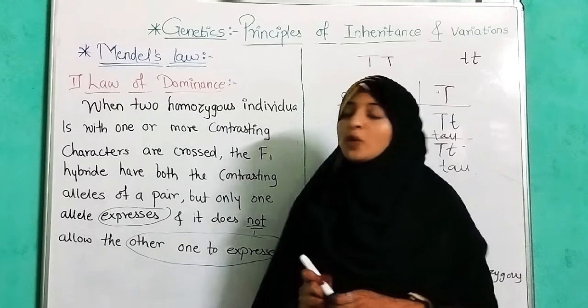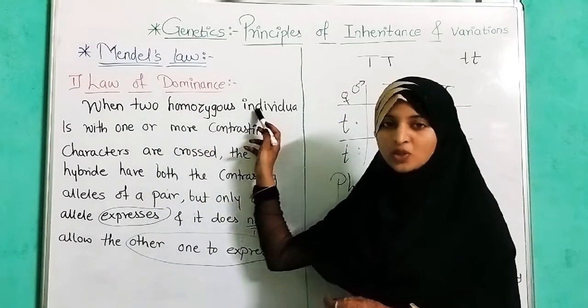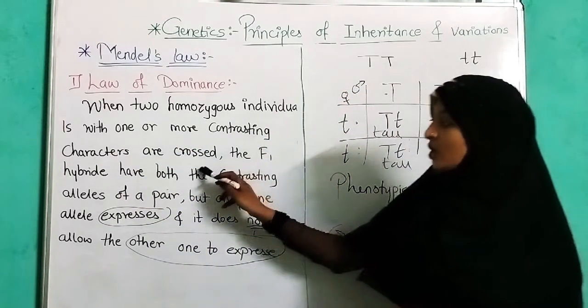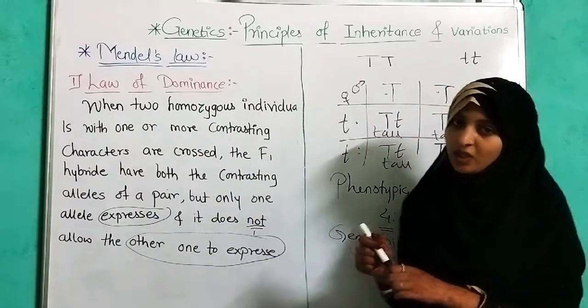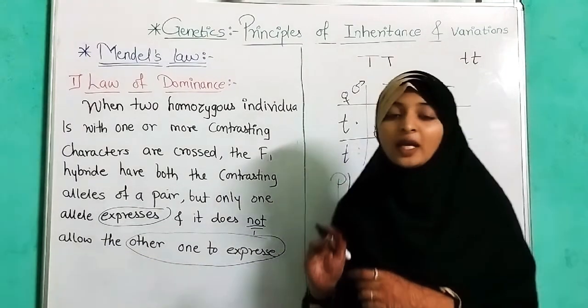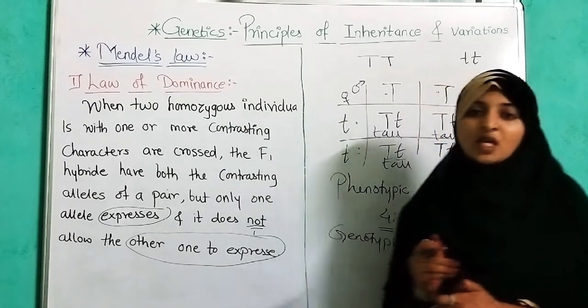So this was about the law of dominance. It says that when two homozygous individuals with one or more contrasting characters are crossed, the F1 generation has both the contrasting characters. Here you can see tall and dwarf condition, but the expressed one is dominant and the suppressed one is known as recessive.